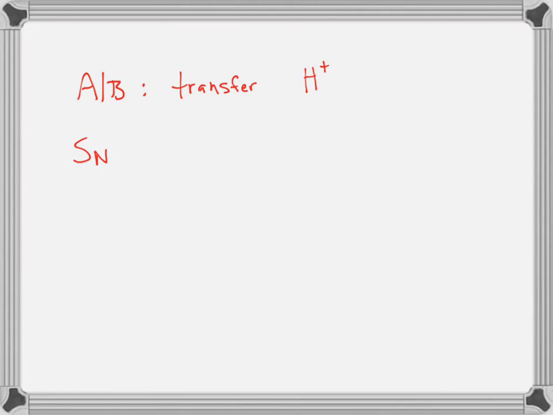Substitution reaction, usually written as SN. Why SN? It usually involves a nucleophile, so it's S for substitution and N for nucleophile. SN1 or SN2, we don't even care about the mechanism. So if we're looking at just a general reaction, you end up with AC and then B floating off.